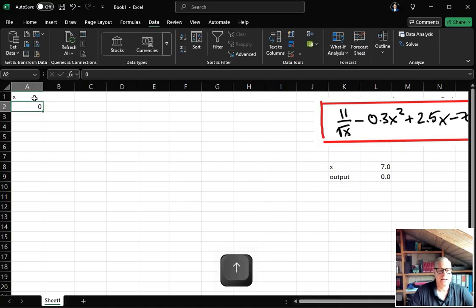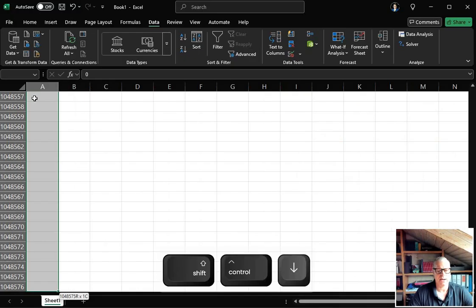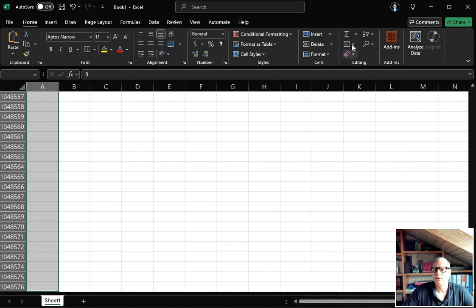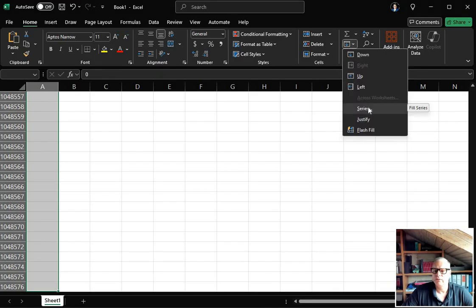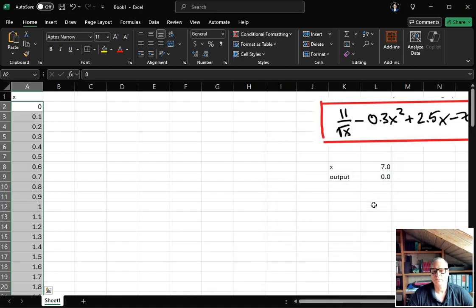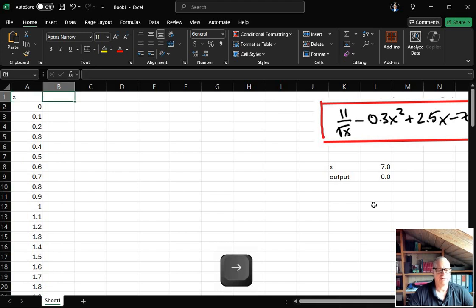I create an x-axis that has a step value of, let's say, 0.1. So I highlight the entire column, then we go to Home, and there is something called Fill Series. So we go to Fill Series, 0.1, the stop value is 10. Okay, so now we have all the x's.